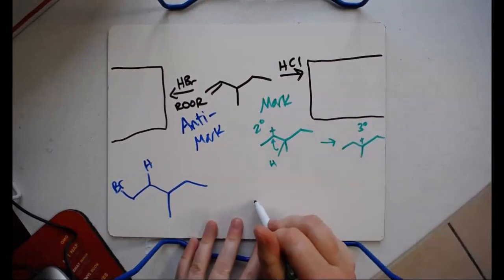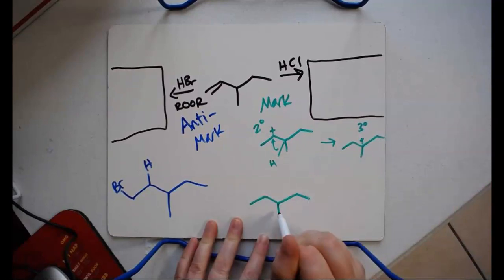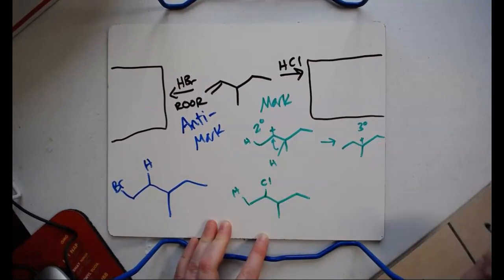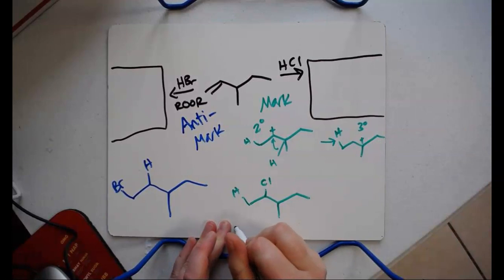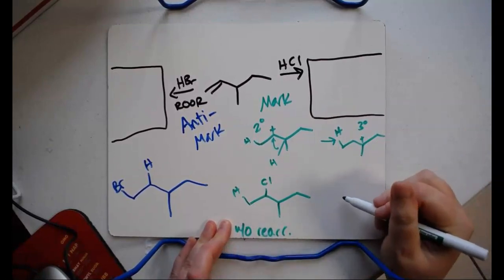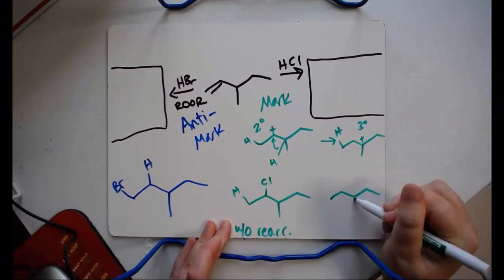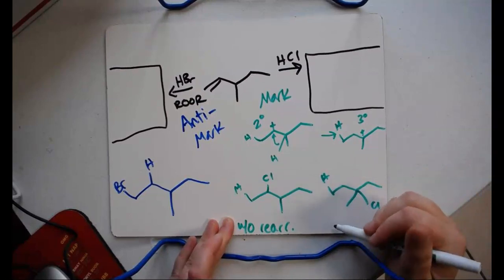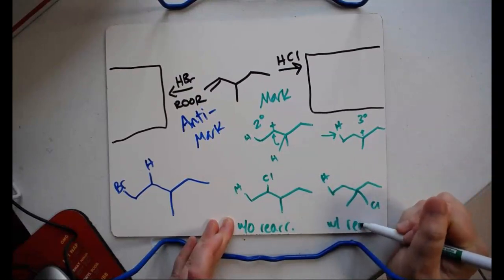So my products, and I'm going to add my original hydrogens back in here as well. This will be my product without rearrangement. And this is my product with rearrangement.